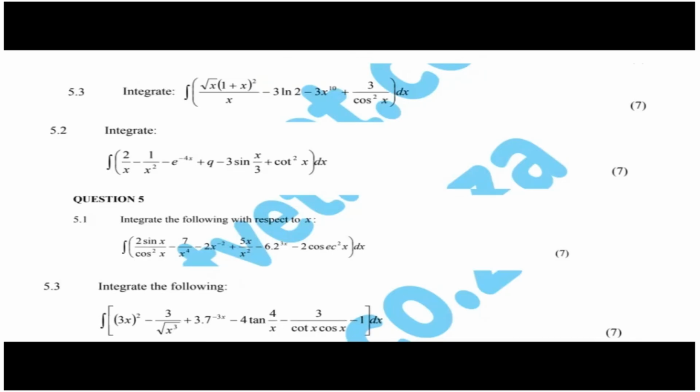Simplifying by maybe opening the brackets, simplifying by using your identities. So there are some that you might need to simplify first before you integrate. Let's see how to do those ones.